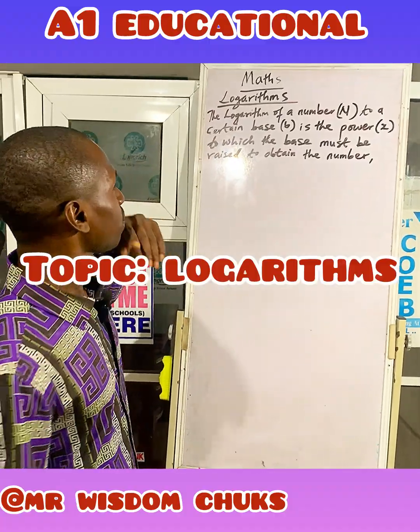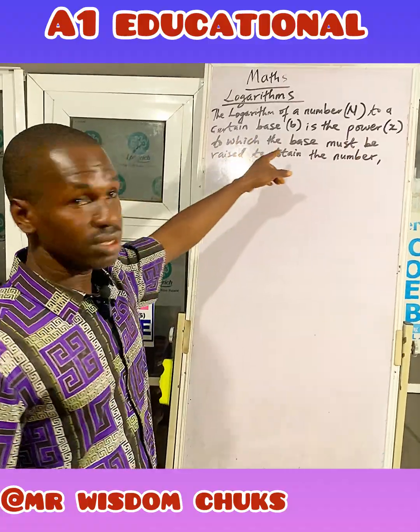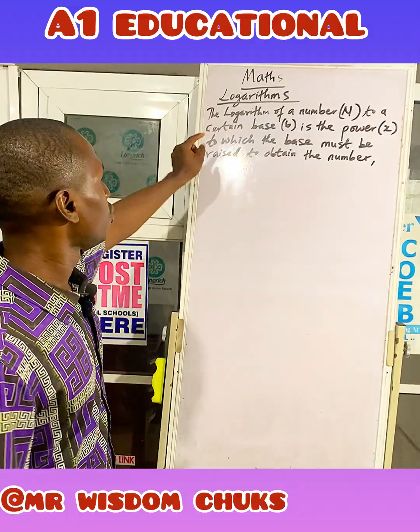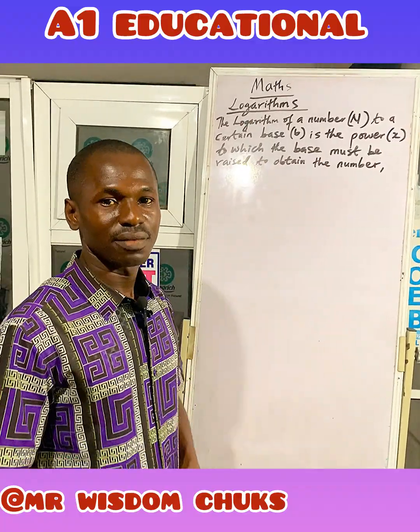The logarithm of a number n to a certain base b is the power x to which the base must be raised to obtain the number.